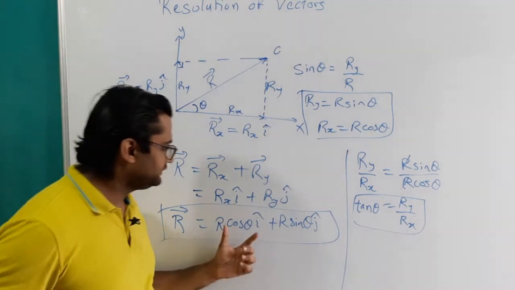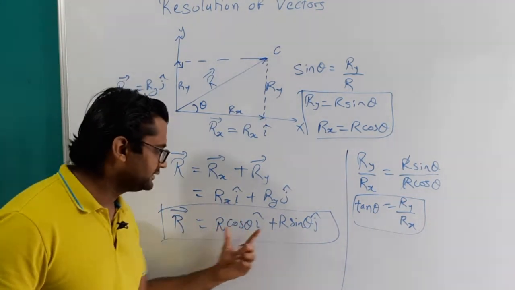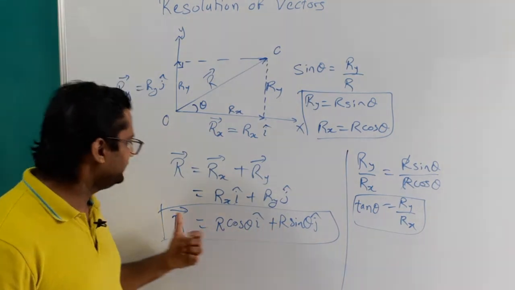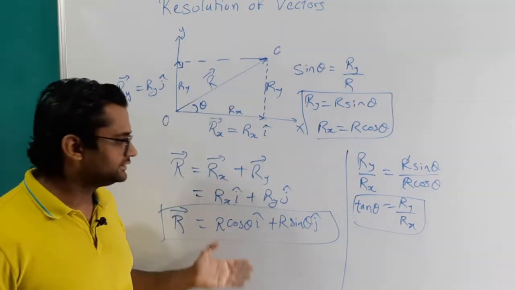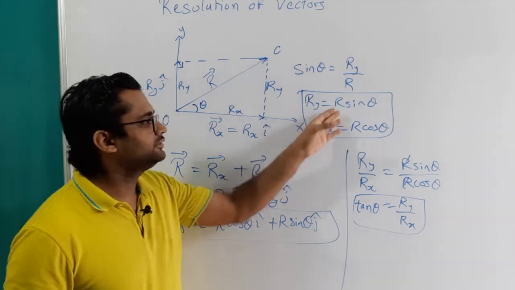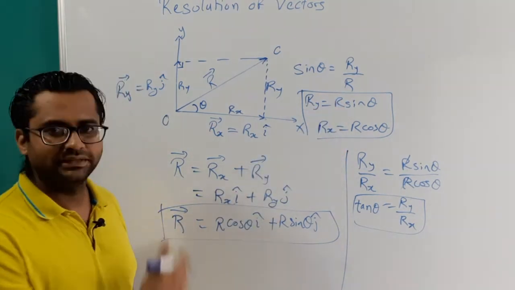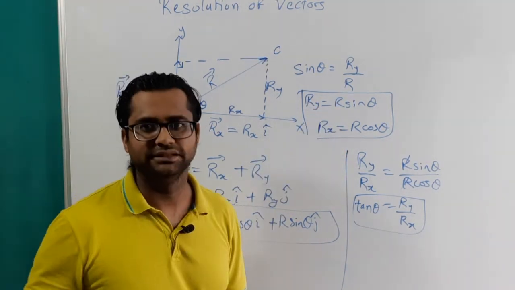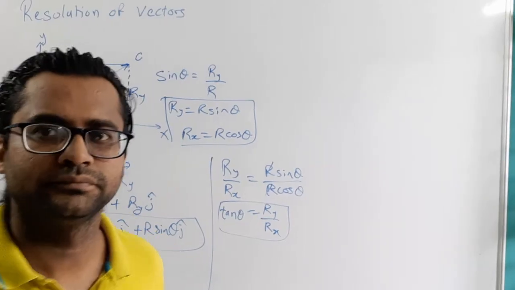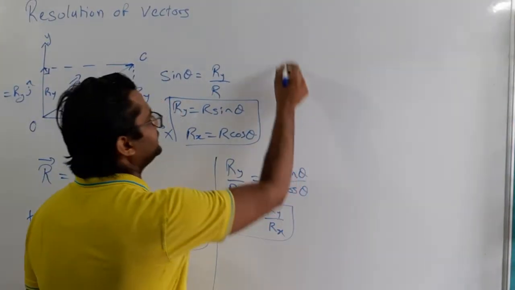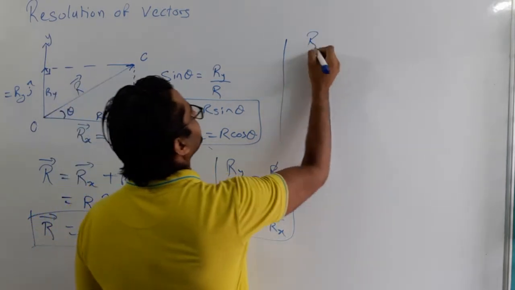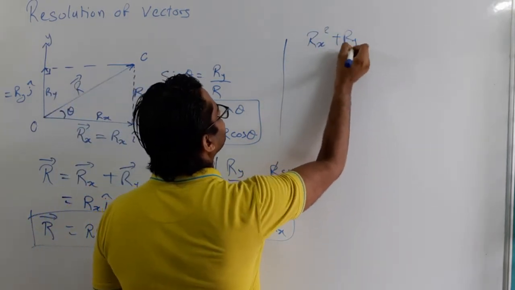Now, if we know these x and y components, can we find the magnitude of this vector? Yes, we can. We have to square and add these two equations. If I square and add, rx square plus ry square, what will happen?